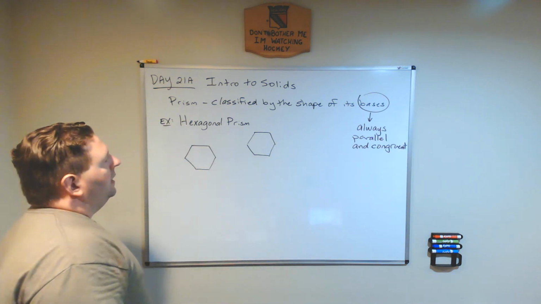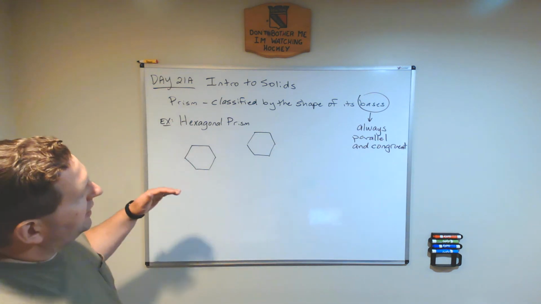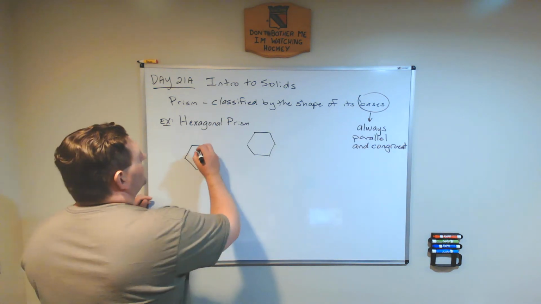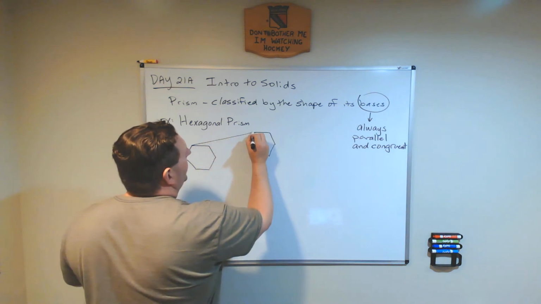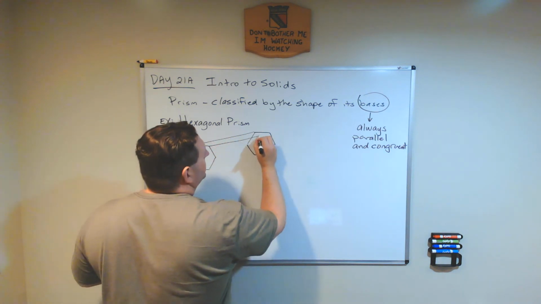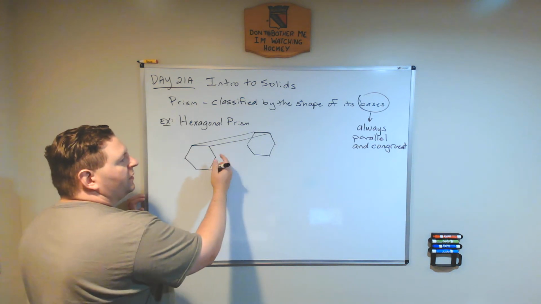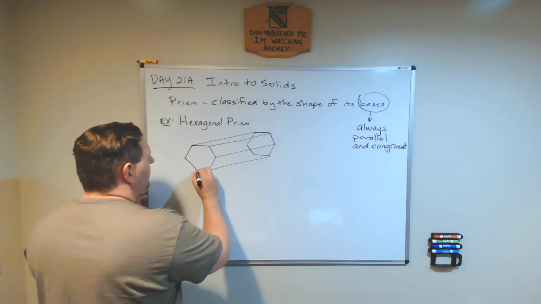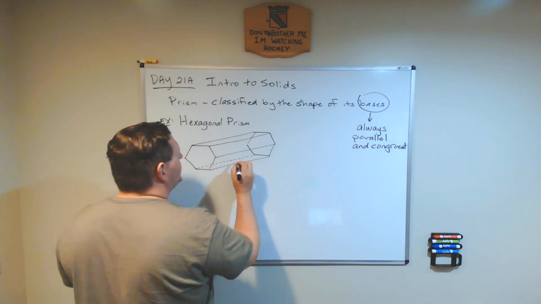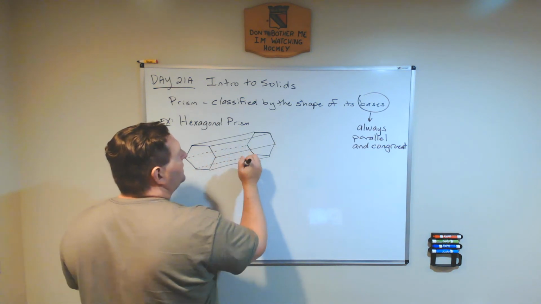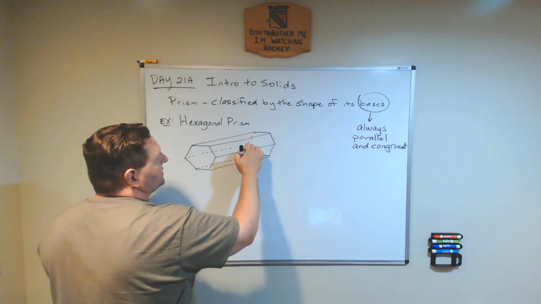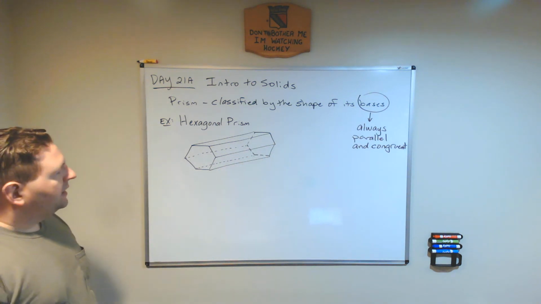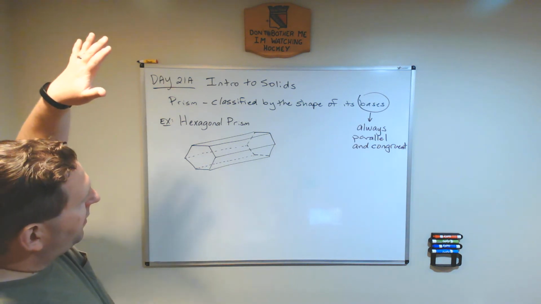Now I'm going to connect corresponding vertices on the hexagons: the top left to the top left, the top right to the top right, the middle of the right side to the middle of the right side, and so on. Some of these I'm going to make dashed, because you can't see them, they're behind the solid. In fact, this one in here should really be dashed. You're looking at it kind of from above.